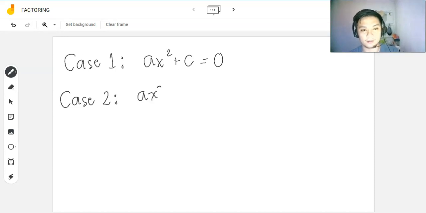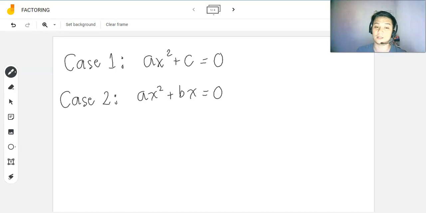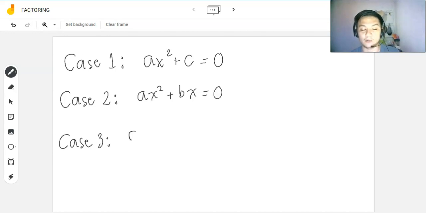Ax squared plus bx equals 0. Walang constant term, which means the coefficient c here is equal to 0. Ang case 3 naman, yung lahat ng quadratic term, linear term, at constant term ay present. So, ax squared plus bx plus c equals 0.